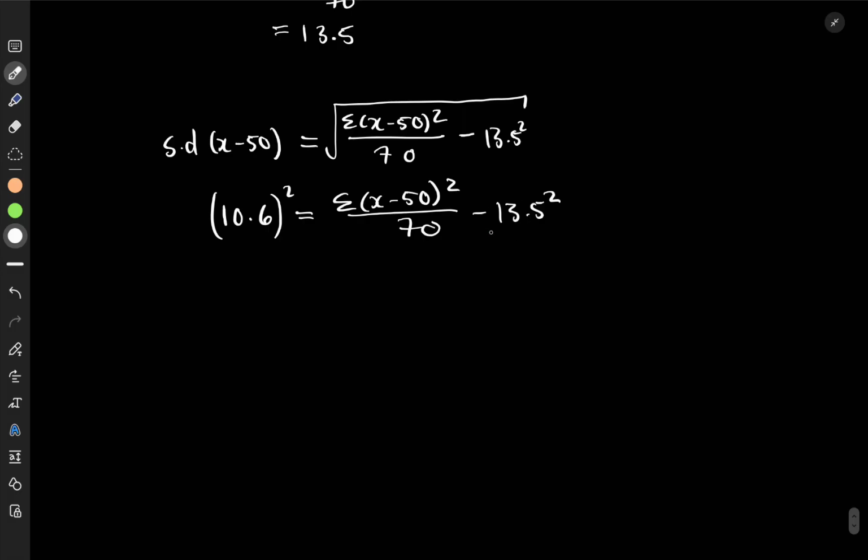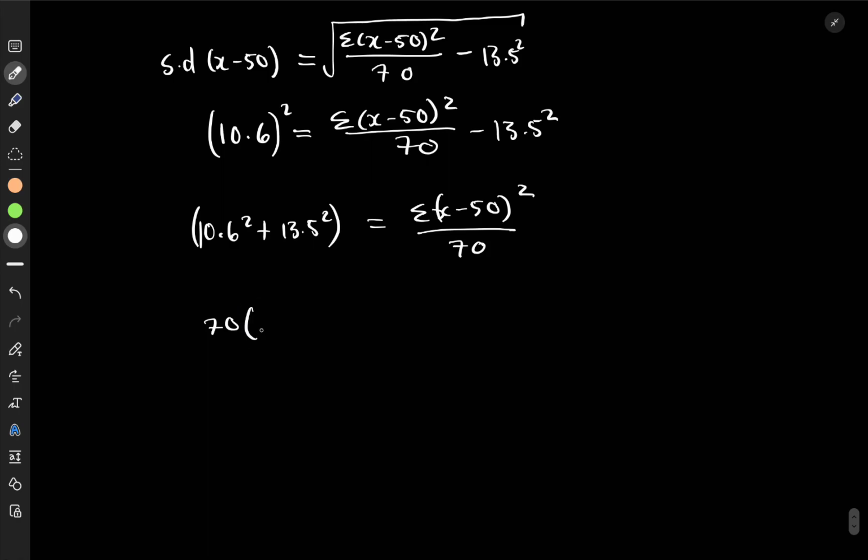Taking the negative 13.5 over, 10.6 squared plus 13.5 squared equals the summation of x minus 50 all squared over 70. Taking 70 to the other side, 70 multiplied by 10.6 squared plus 13.5 squared is equal to the summation of x minus 50 all squared.